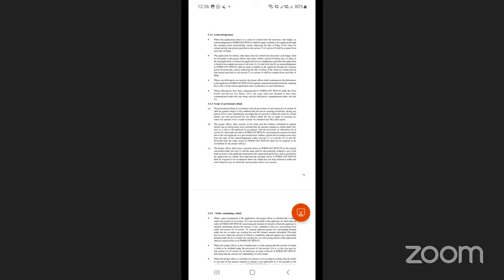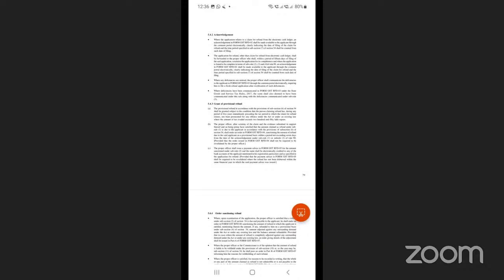Usually the proper officer will grant the acknowledgement within 15 days of filing of an application under Rule 89, sub-rules 2, 3 and 4. Here, first we put up a refund application in the GST common portal electronically, and we will receive the acknowledgement in the form GST RFD 02.